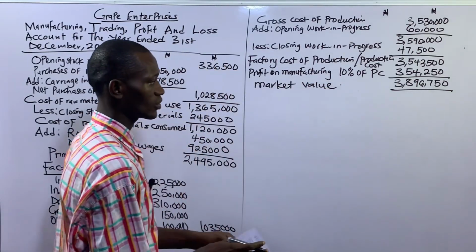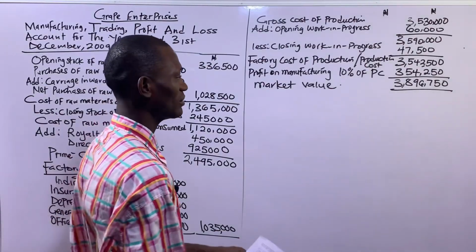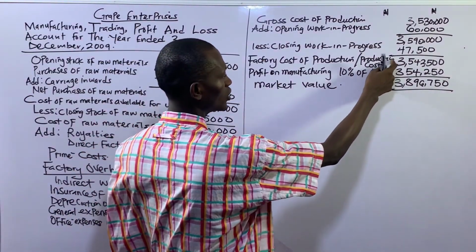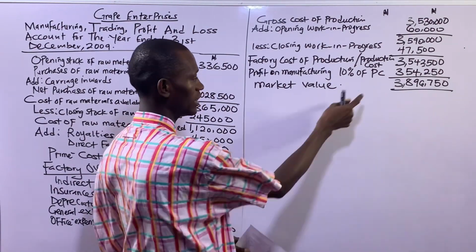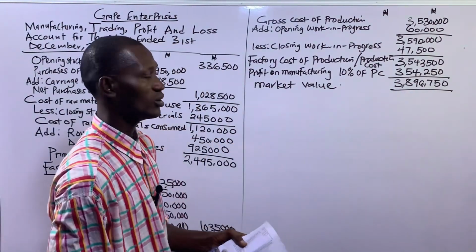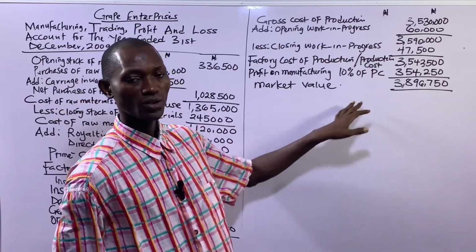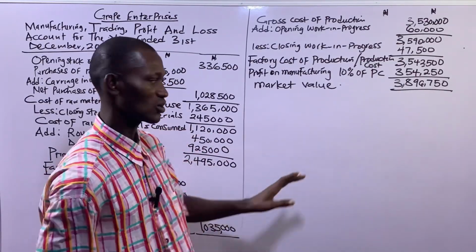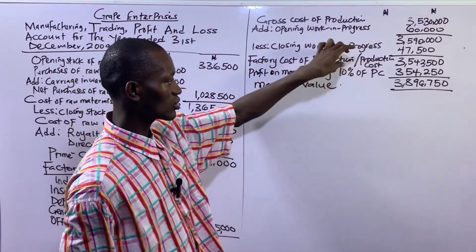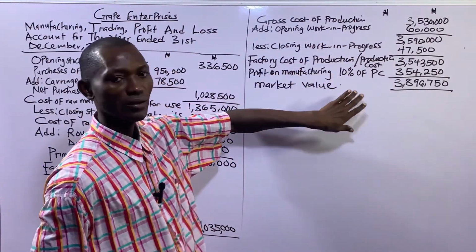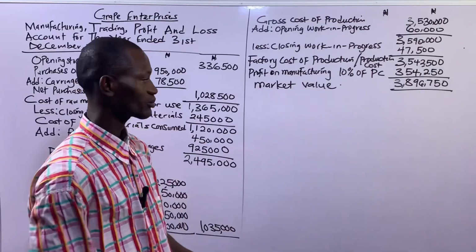If we had not been asked to determine the market value, don't forget your cost of production will form the purchases figure. But now that we have determined the market value, it will form the purchases in the trading accounts. So this is where the manufacturing account stops, to determine the cost of production or the market value.